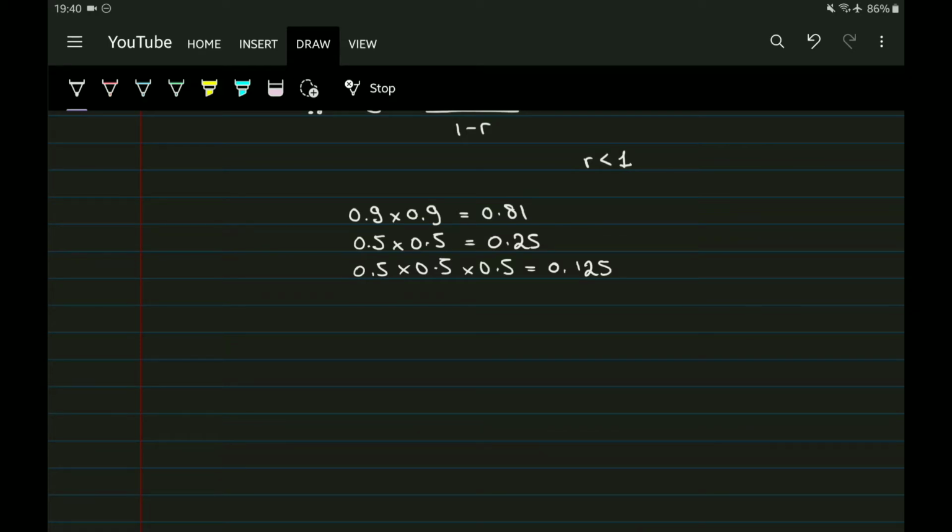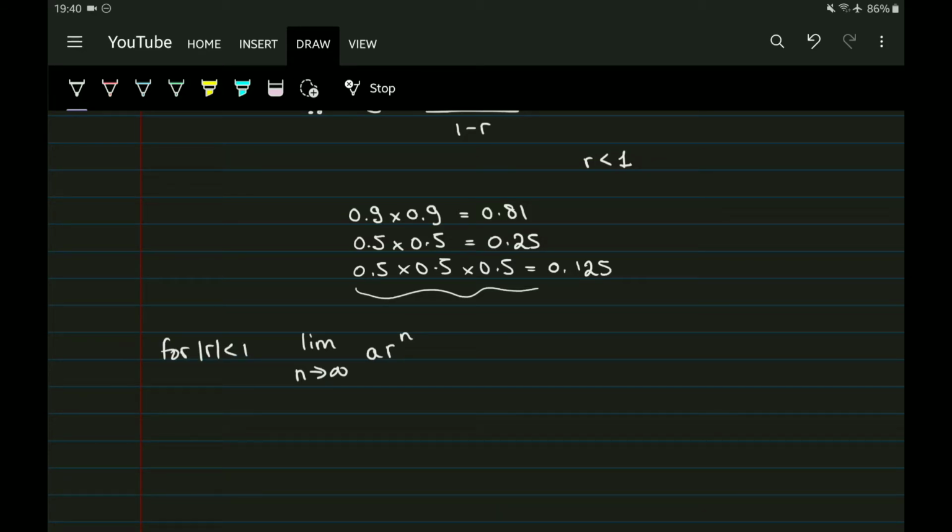So if you gather this, then you can see that if you have an infinite number of these multiplications, namely r to the power of n, if you have an infinite number of these, right? So we write it formally as this, n goes to infinity, and r is smaller than 1.